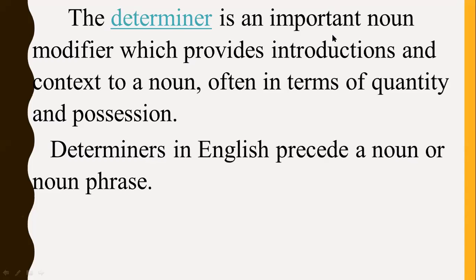They are always seen in a sentence before a noun. That is, determiners in English precede a noun or noun phrase. You always see them before a noun in a sentence.